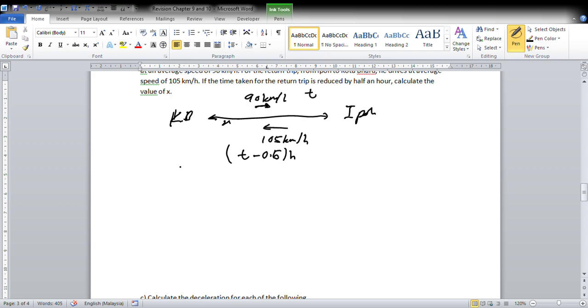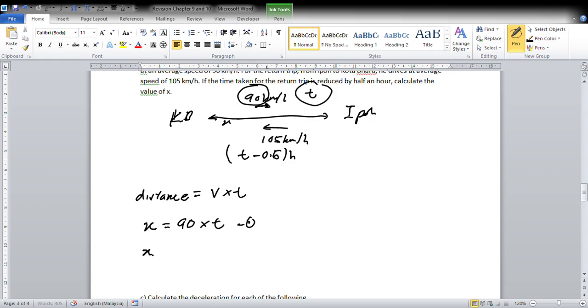We write an equation for each situation. Distance equals velocity times time. Equation 1: the distance x equals 90 times t, the speed and the time taken. Equation 2: if you travel at 105 km per hour, the time will be reduced by half an hour.